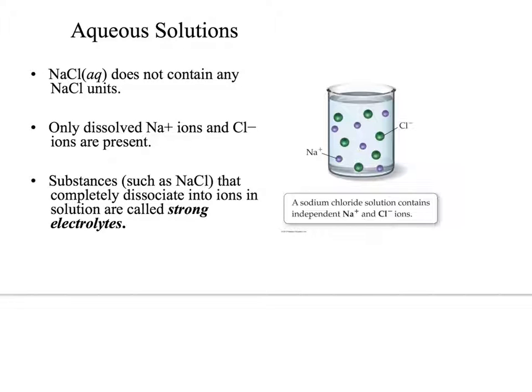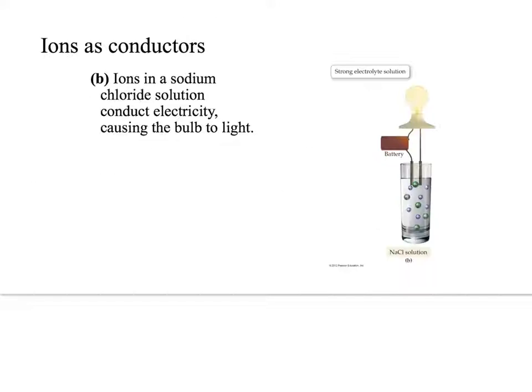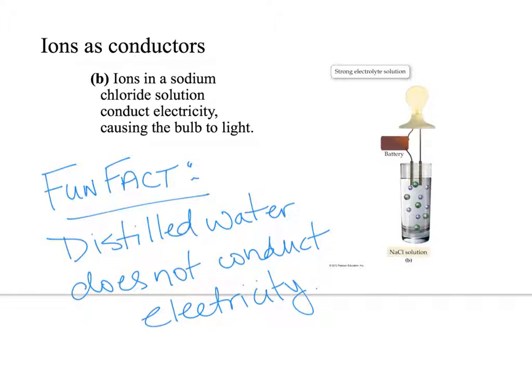Substances such as sodium chloride that completely dissociate into their positive and their negative ions create a solution called a strong electrolyte. Electrolytes, such as dissolved sodium chloride in water, are able to conduct electricity. Fun fact, distilled water, which does not contain any dissolved compounds, will not conduct electricity.